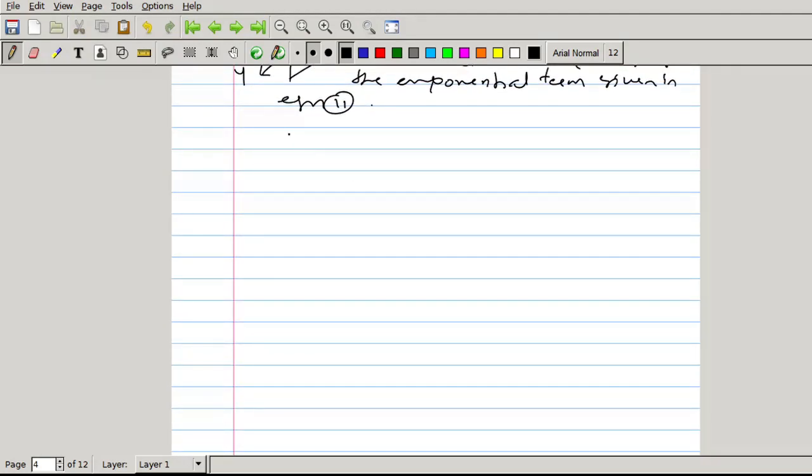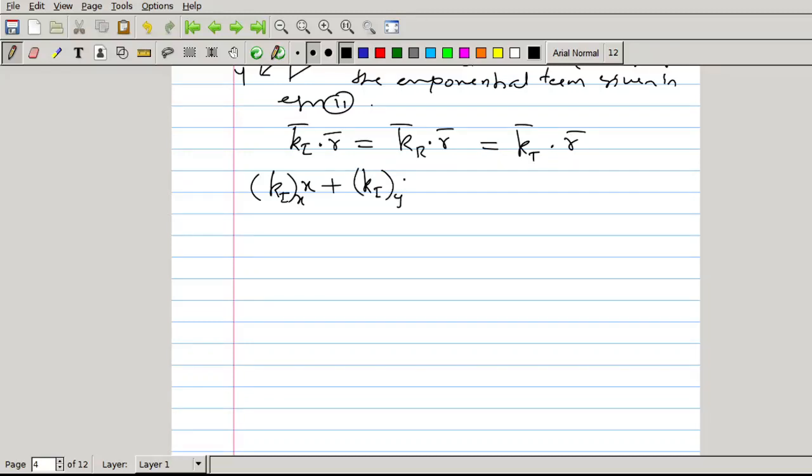That means k_i dot r should be the same as k_reflected dot r, and the same as k_transmitted dot r. Or we can write k_i's x component times x plus k_i's y component times y plus k_i's z component times z, but at the boundary z equals 0, so you need not consider the z component.